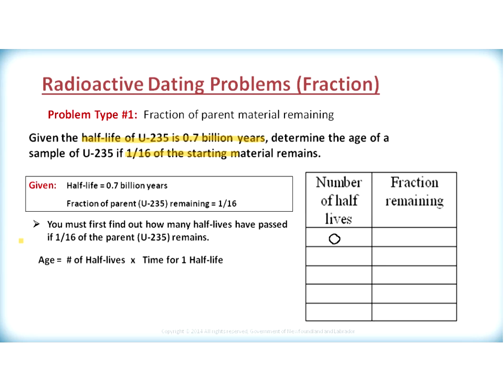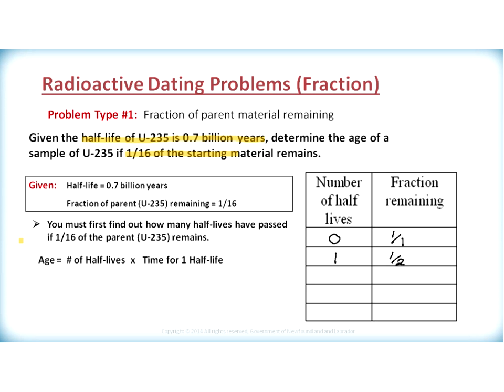If your sample didn't go through any half-lives, that means we have 100% of the parent that's radioactive, and a fraction that represents 100% will be 1/1.